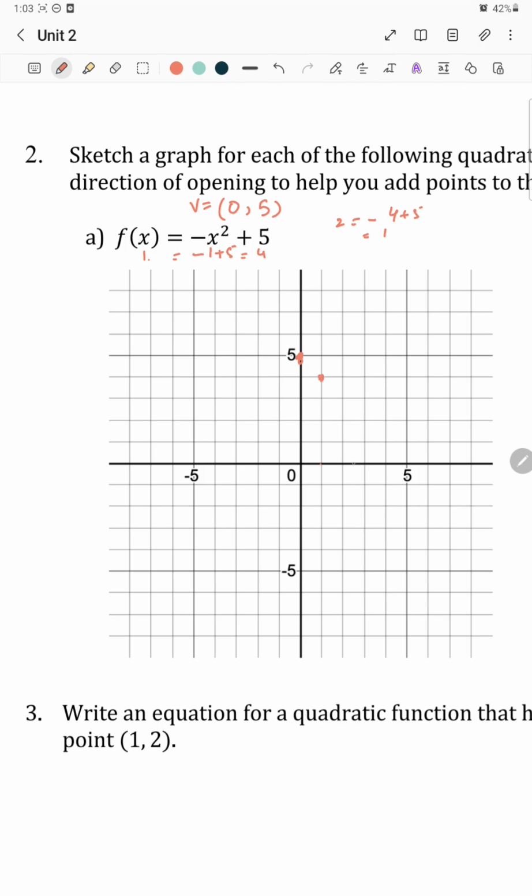For x equal to 2, y is 1. For negative values, -1 squared plus 5, -1 plus 5, 4. So -1, 4. So it's going to go like this.